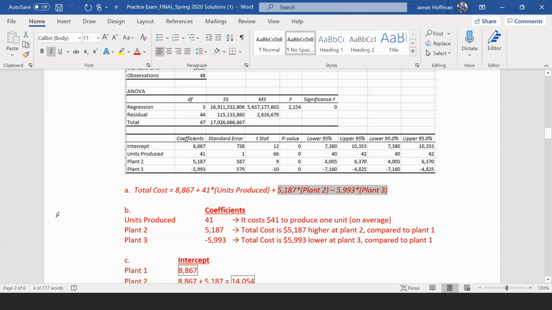All right, so again, when plant 2 and plant 3 are both 0, those things go away, and then we're automatically at plant 1.